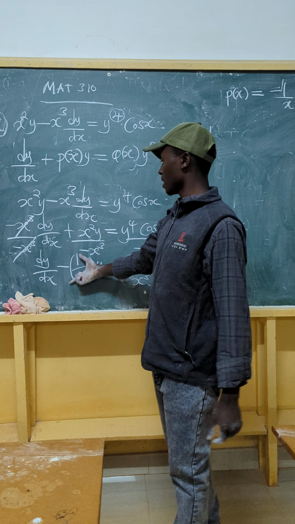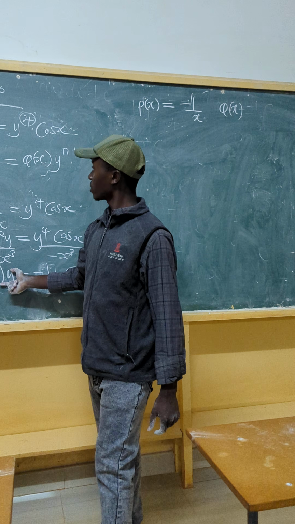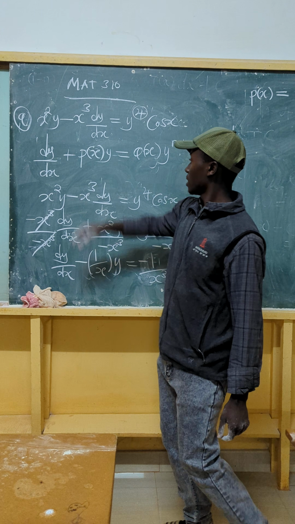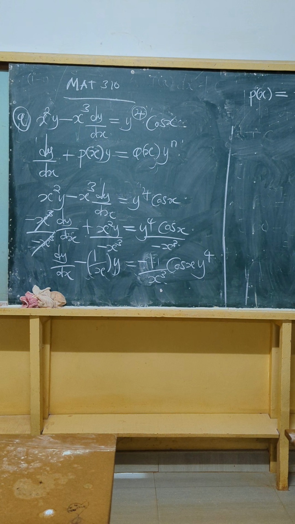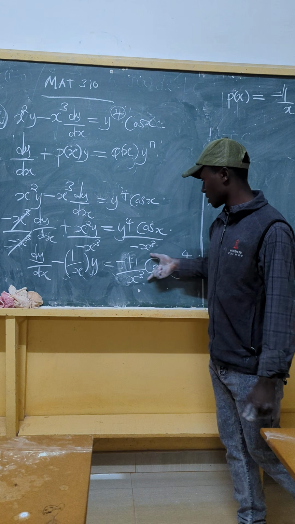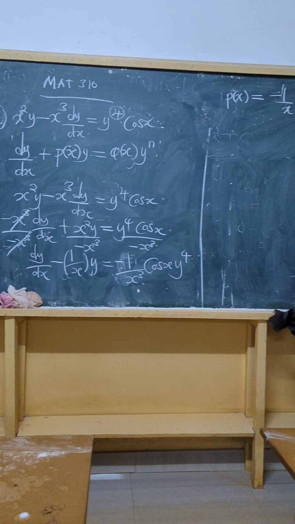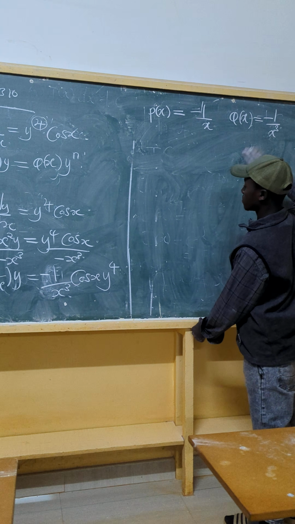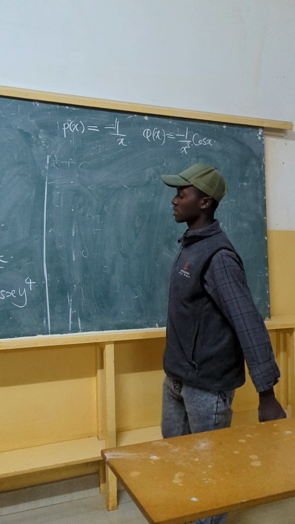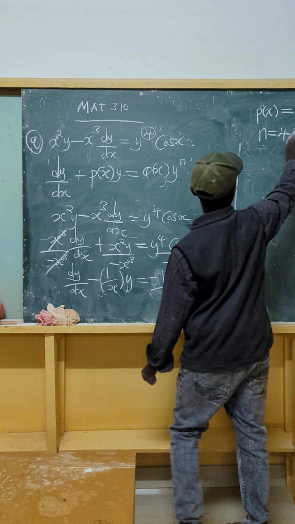When you see anything attached to the y, that's our p of x. So that is negative 1 over x, then our q of x is negative 1 over x cubed cos x. What is your n? Your n is 4.